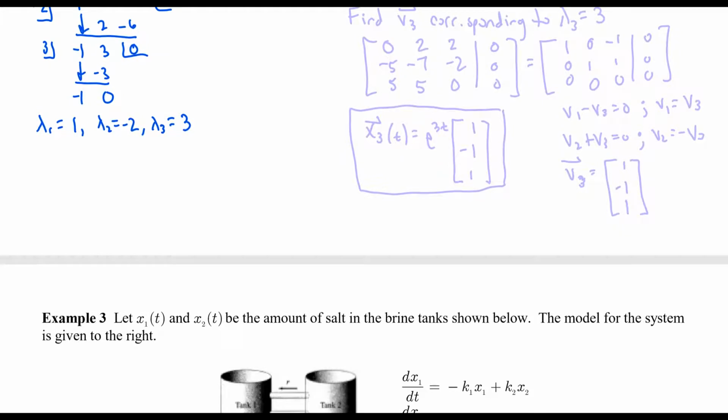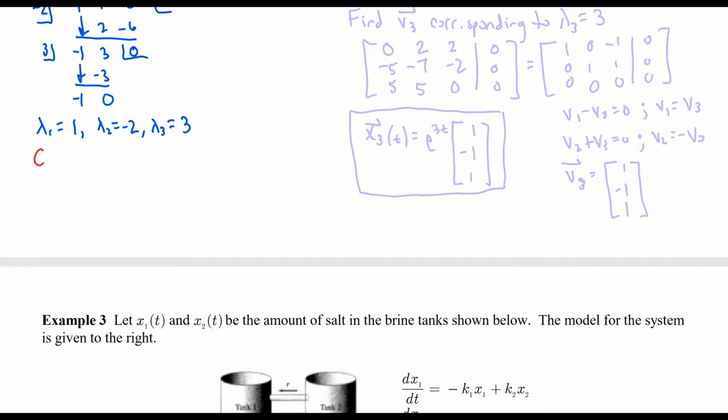Okay, so I bet I can fit it in right over here. Our general solution then, x is going to be c1 x1 plus c2 x2 plus c3 x3.